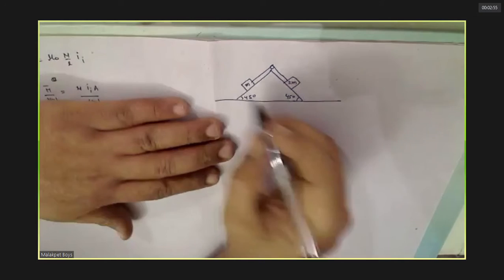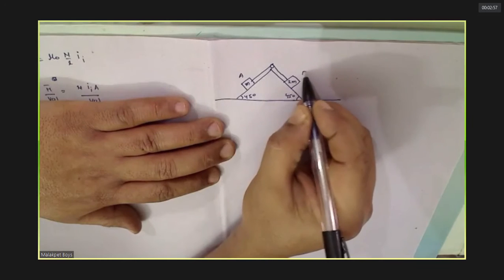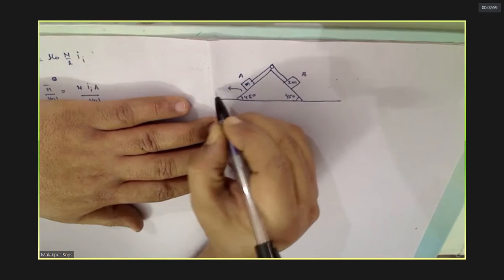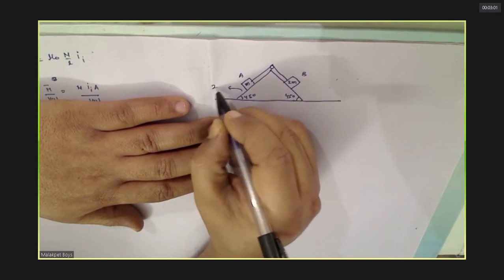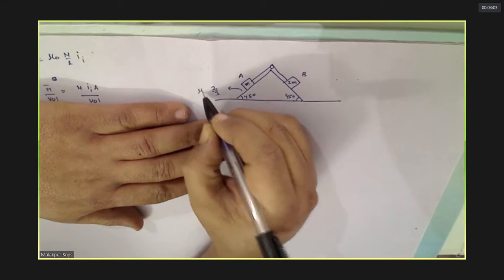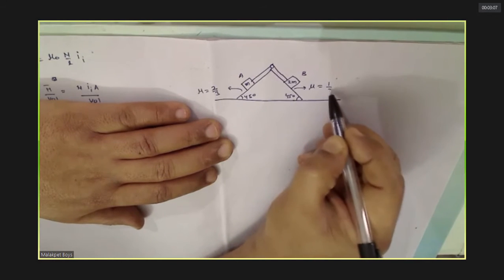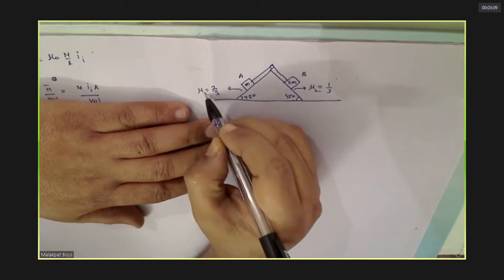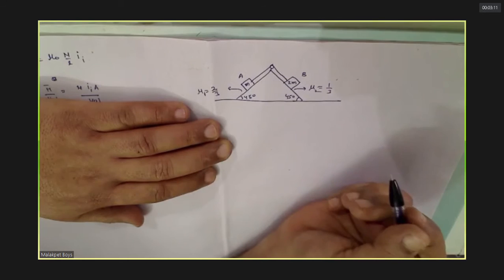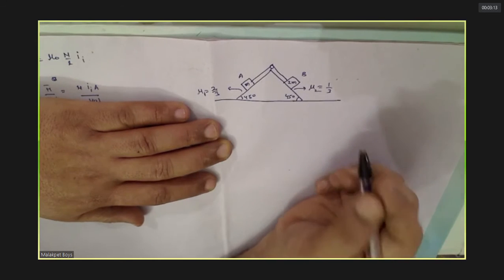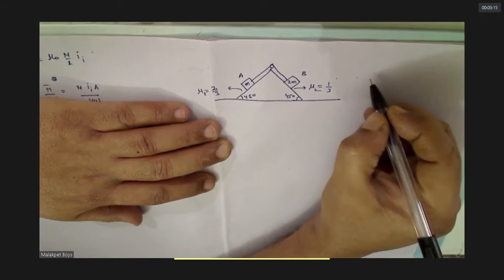This is A, 2 by 3. Between this, 1 by 3. The system is released from rest.